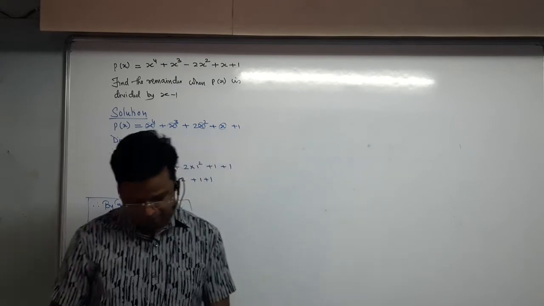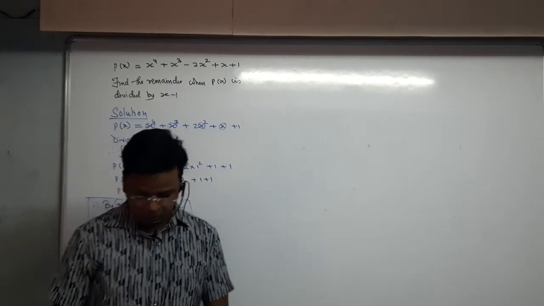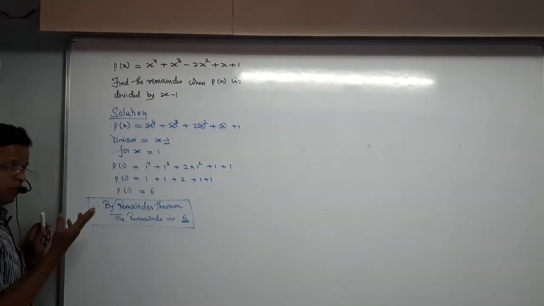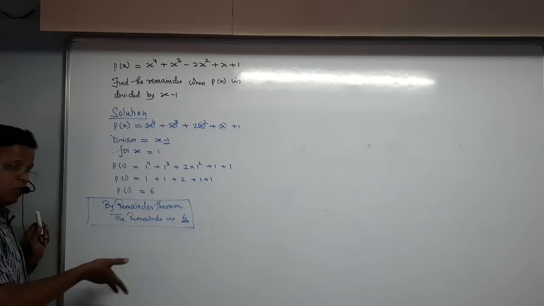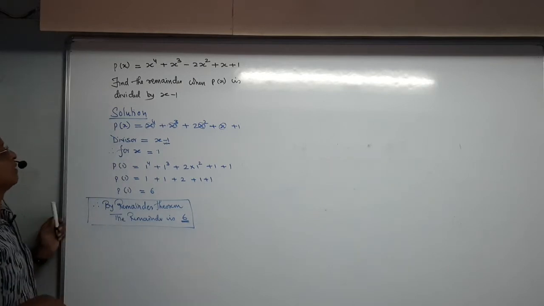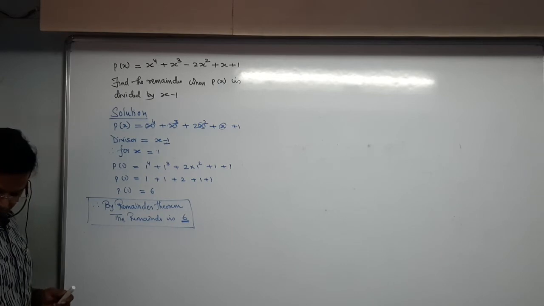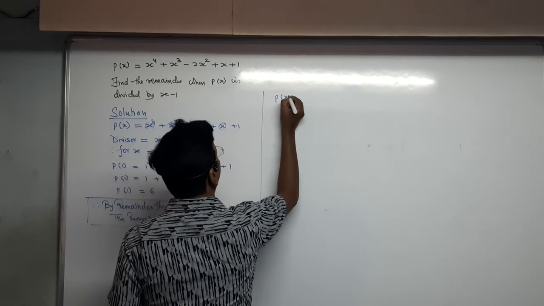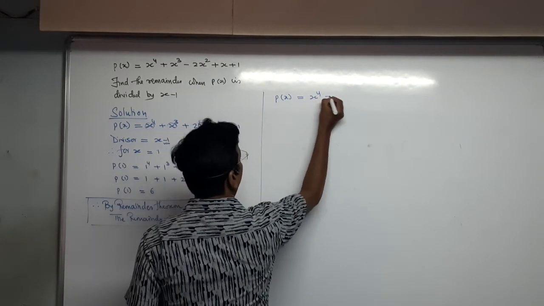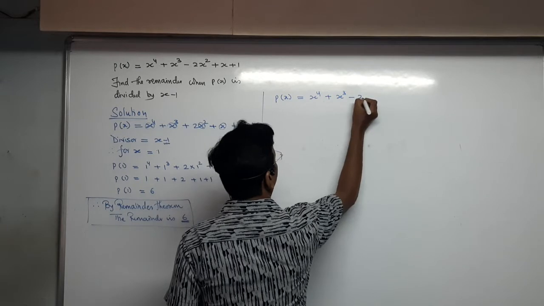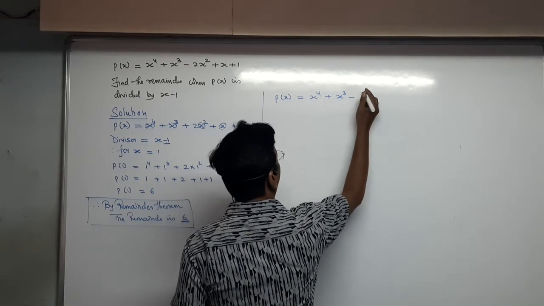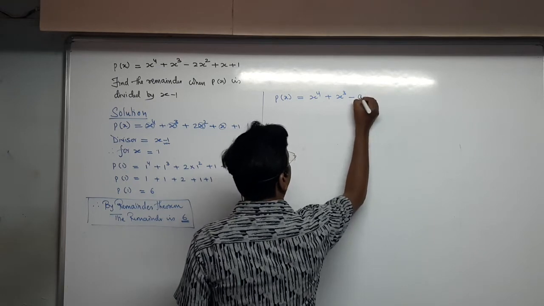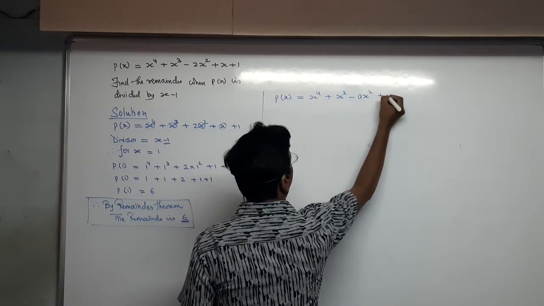Now the only difference is that sometimes everything will go the opposite way. Supposing they give you the polynomial p of x is equal to x raised to the power of 4 plus x cube minus 2 minus a x square plus x plus 1.